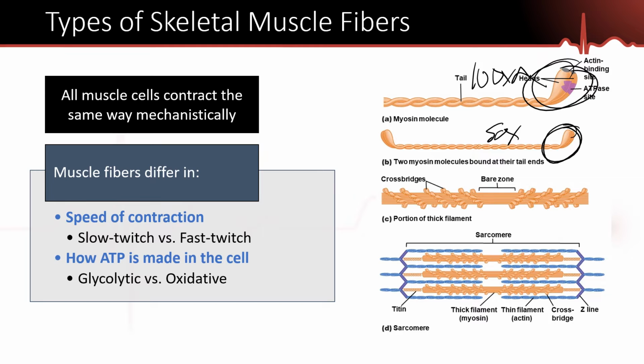And this easily accounts for why fast twitch muscle fibers can shorten faster than slow twitch muscle fibers can. Because, again, there are thousands and thousands of myosin heads that exist within one muscle fiber. But then you compare a fast twitch fiber to a slow twitch fiber, and all the myosin heads within the fast twitch fiber can cycle 100 times over the course of a second, and all the myosin heads within a slow twitch muscle fiber can cycle 50 times over the course of a second.